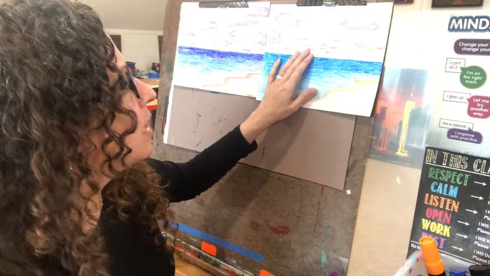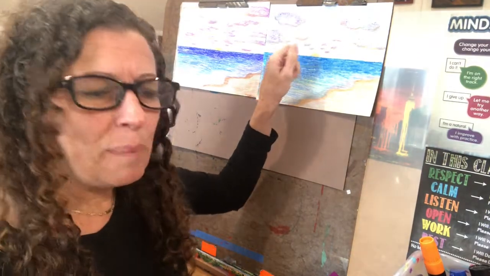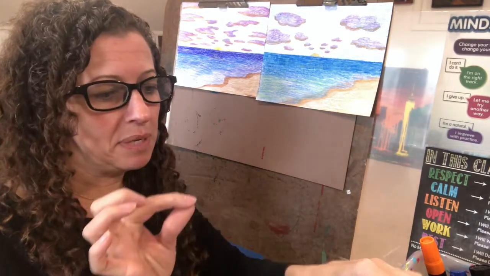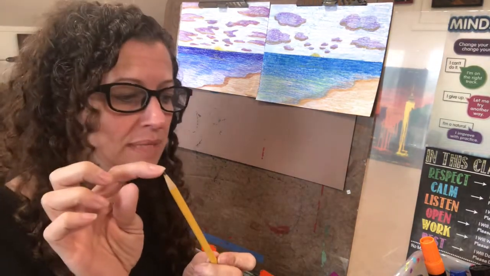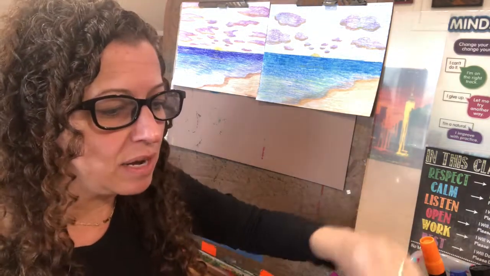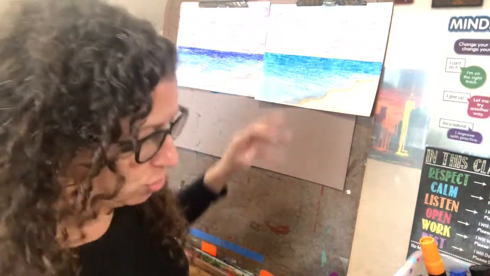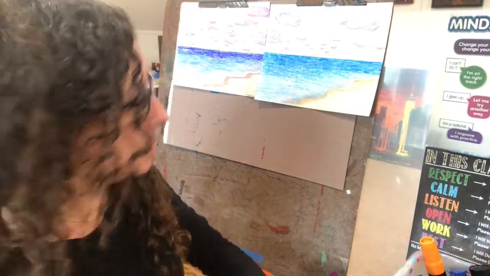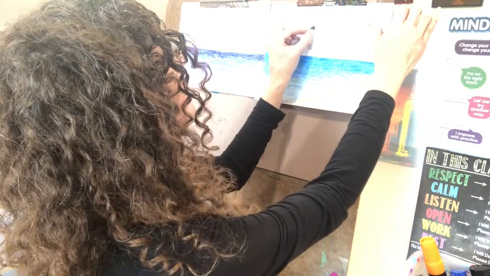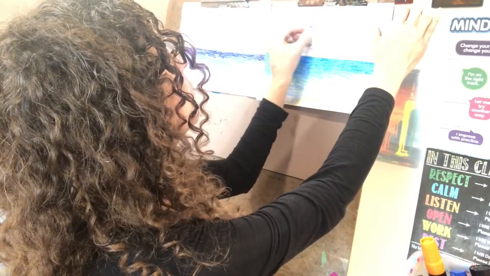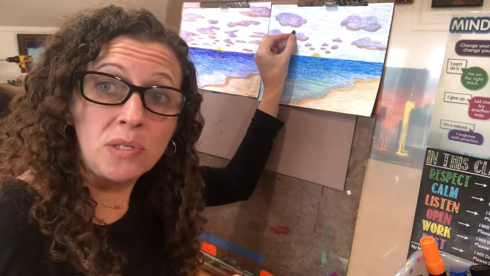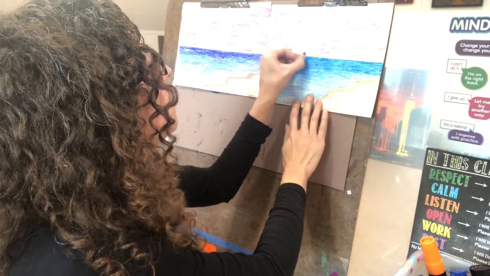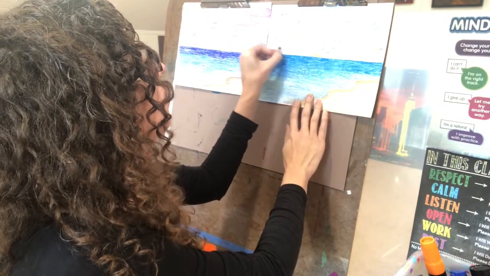I also wanted to tell you that if you're using color pencils, they take a long time to color because the tip is very, very small and pointy. So it doesn't cover a lot of area or a lot of space. But you could take broken crayons and rub them right on top of your color pencil colors, and that would fill in the white spaces if you wanted to, and it would do it a lot faster.